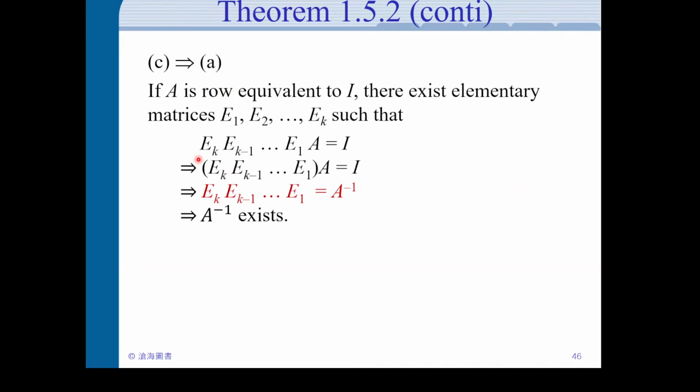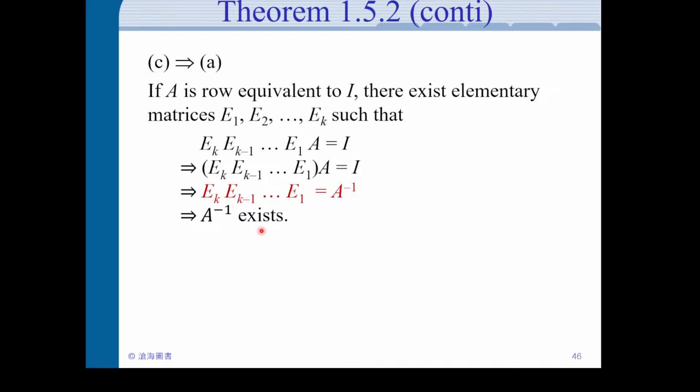If A and I are row equivalent, then there is a set of elementary matrices that make A into identity, and the product of those matrices is exactly A inverse, because we know A inverse times A equals identity. And that's theorem 1.5.2. Any question?